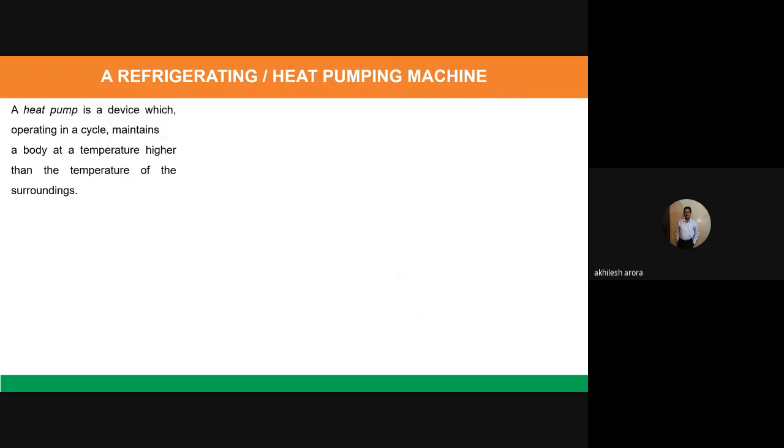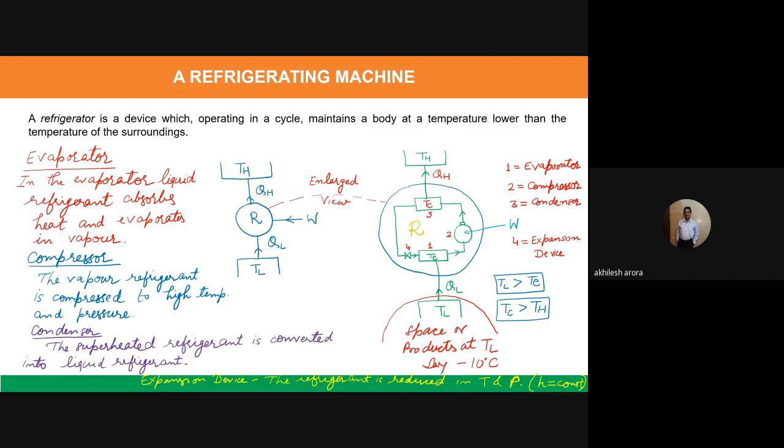First of all, let us go to this part. It is the same diagram I showed you in the previous slide, and now I am going to explain the various components. We have the space or the products at TL. Here I have considered TL to be minus 10 degrees Celsius, and let us say the evaporator is at minus 15 degrees Celsius.